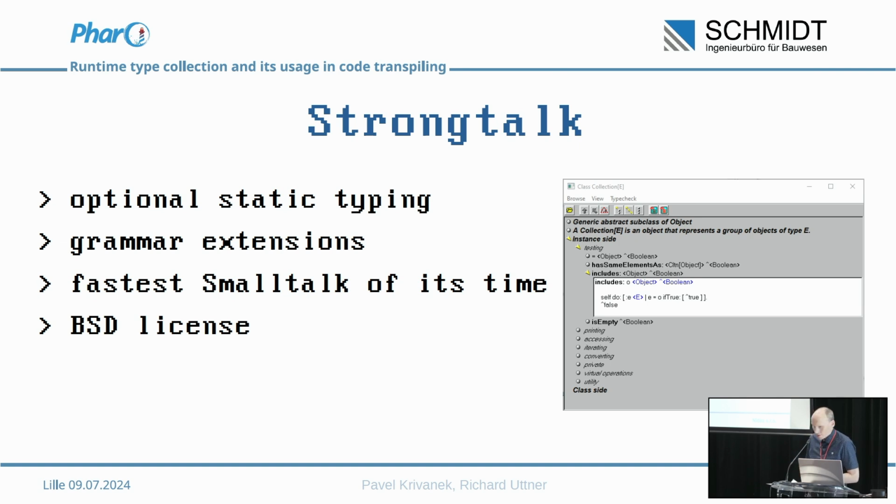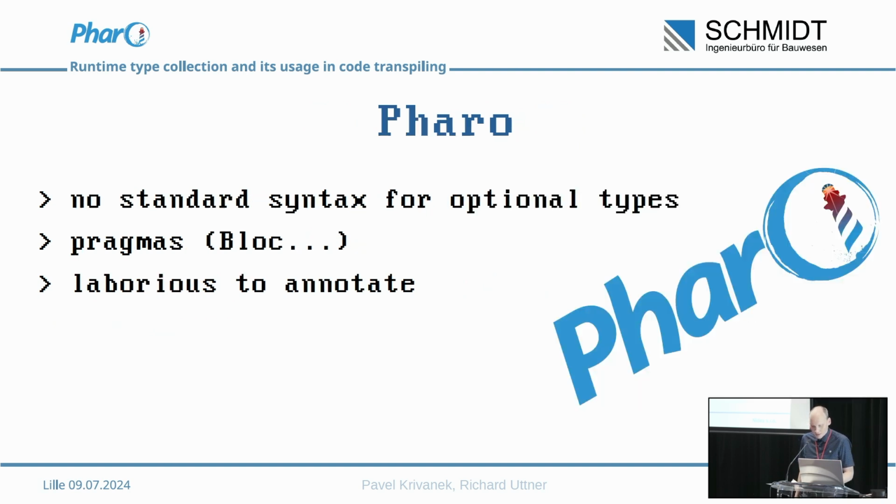In the realm of Smalltalk, in the past there was a Strongtalk implementation which added types to Smalltalk-80 with an extension of the current grammar, so it was not clean Smalltalk, and at this time it was the fastest Smalltalk implementation because of the addition of static types, and it's now available as open source under a BSD license.